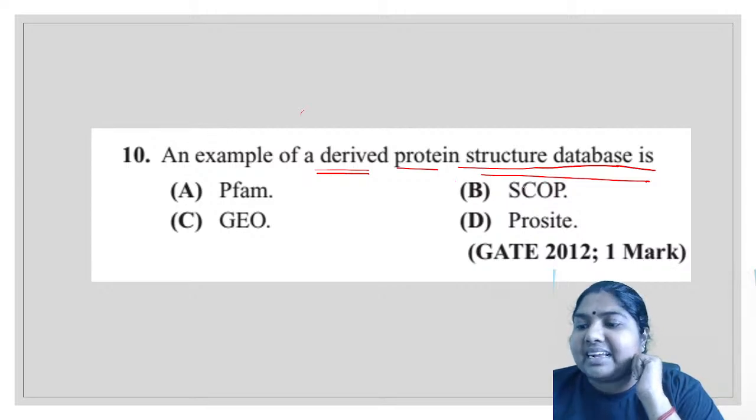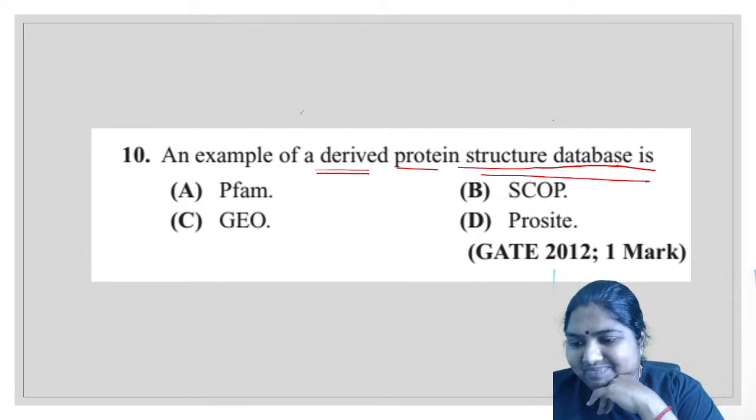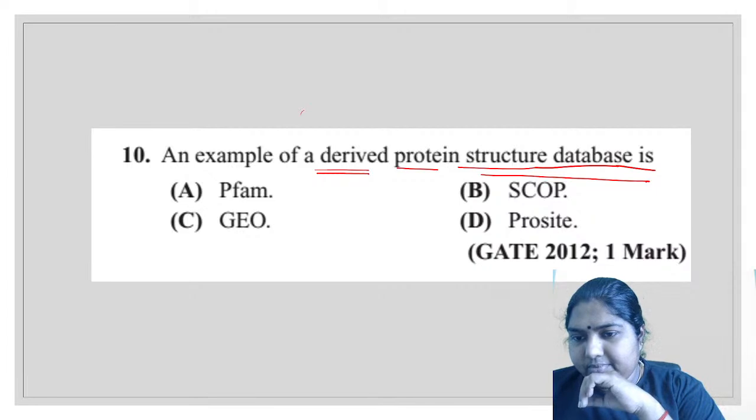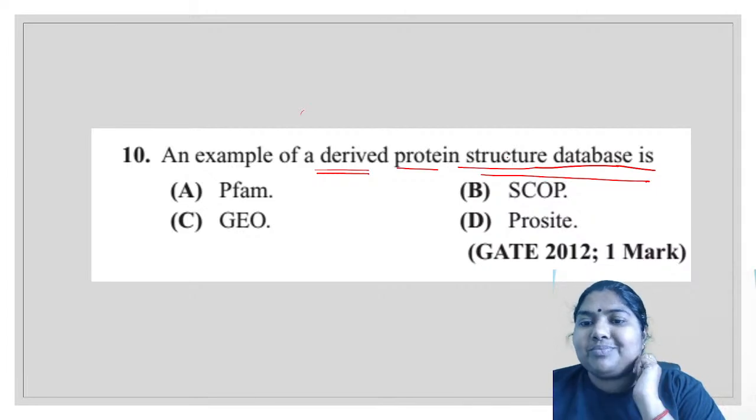Derived protein structural database. Fantastic. Structure.